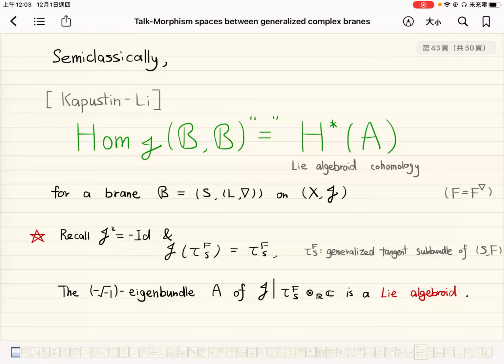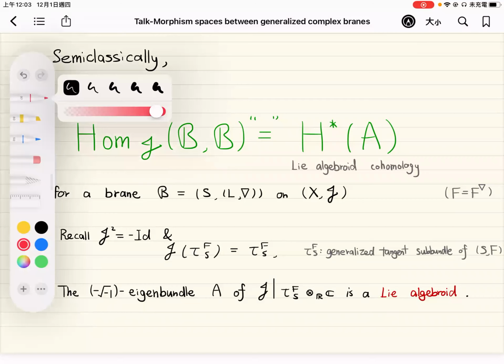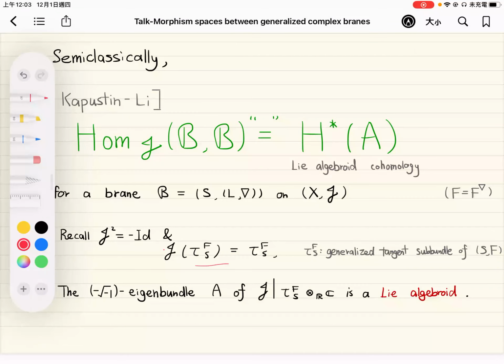So why do we have a Lie algebra for such a brane? It's because we need to go through the definition of a brane: we have a generalized complex submanifold. Then the generalized complex structure acts on the generalized tangent subbundle, and it preserves this generalized tangent subbundle so that we can decompose it into the eigenbundles.